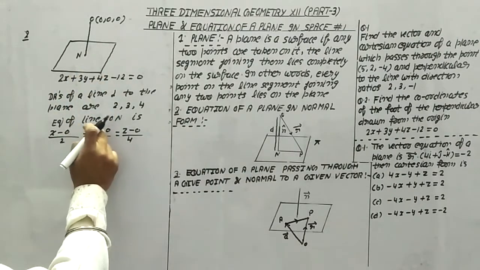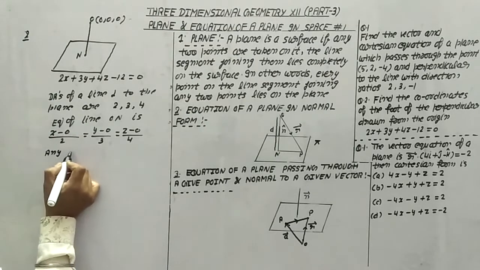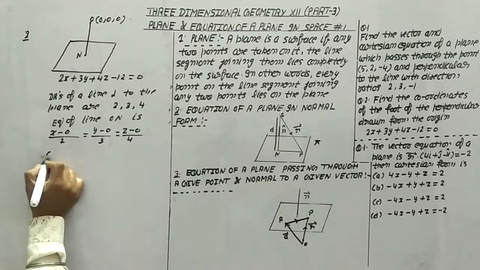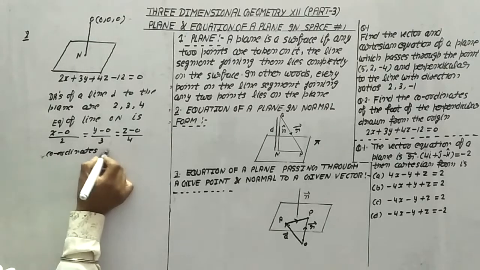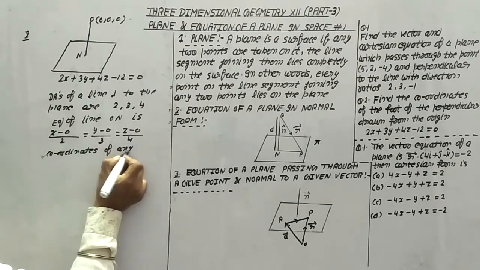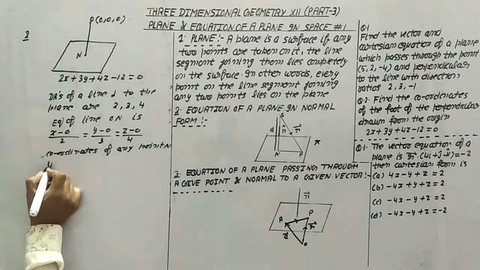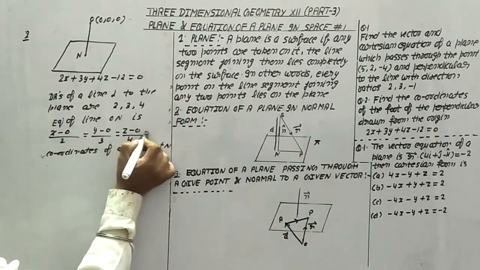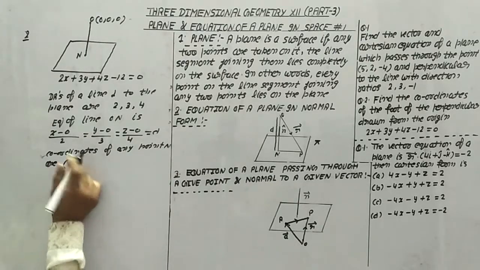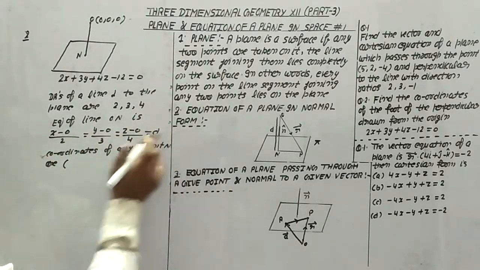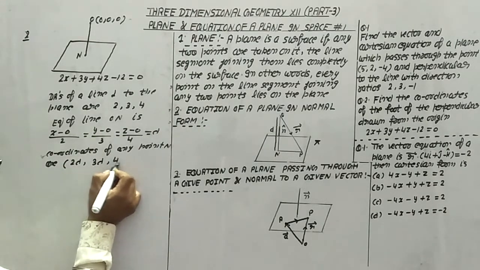Now because N is on this line, any coordinates of the point N are, by this substitution, 2 lambda, 3 lambda and 4 lambda.